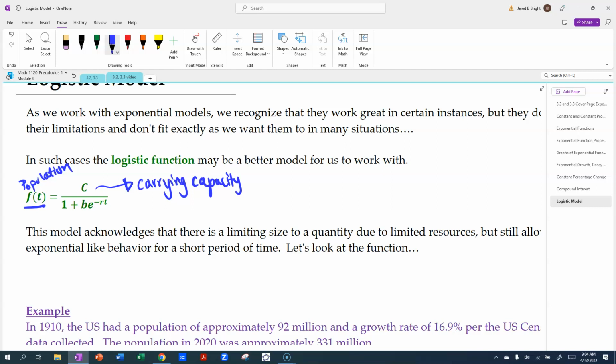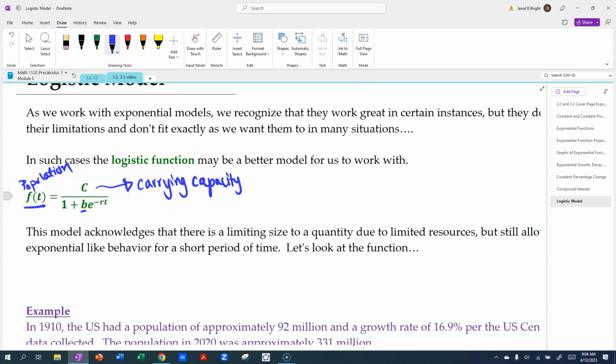So when we're working in the context of populations, it would be, what is the maximum population that you could have of whatever you're talking about, okay? So we acknowledge that populations can't exceed this without something in the environment breaking or killing off the population, that sort of thing. Okay, so C is known as the carrying capacity, the maximum amount.